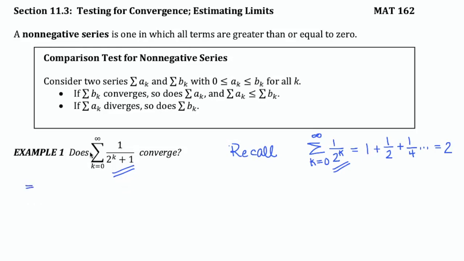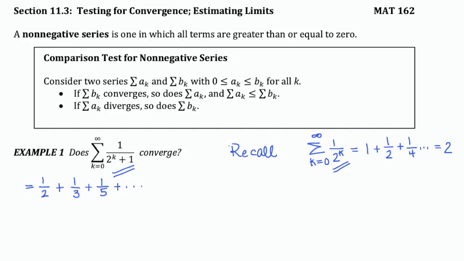I'll write out the first couple of terms for this series here, where we would have 1 over 1 plus 1, so 1/2 would be the first term. Then we'd have 1 over 2 plus 1, so we'd have a third. Then we'd have 1 over 4 plus 1, so we have a fifth, and so forth.